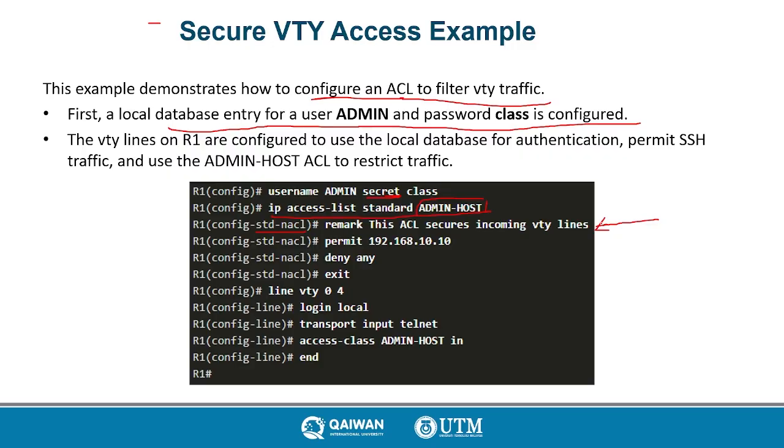Now we will give it a message, and in here we say permit 192.168.10.10, deny any. So we said only permit this one and deny any other IP addresses that come in and try to access this, let's say, ACL.